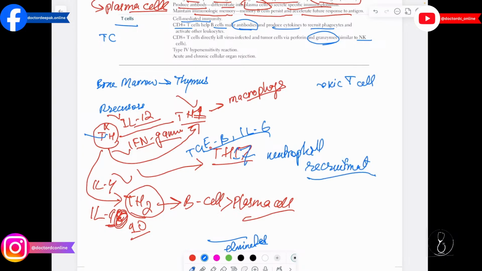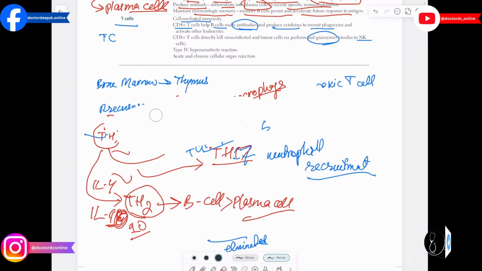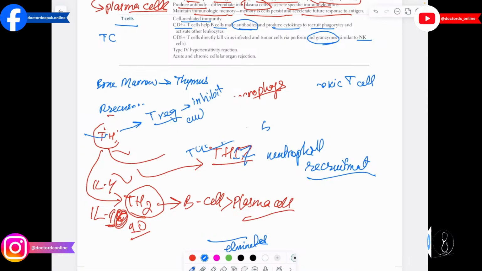And also, there are T regulatory cells. They inhibit autoimmunity, autoimmune reactions.